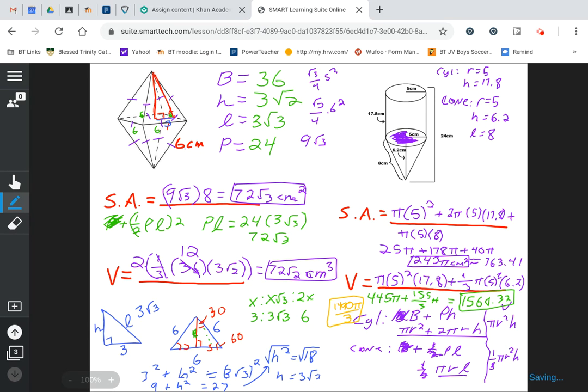And again, I don't plug in pi until the very end after I've already calculated all the numbers together. So 445 plus 155 divided by 3, you add those together, then multiply that value by pi. You can do that on your calculator. Once you get those two numbers added together, you just hit times second pi, and that's your answer.